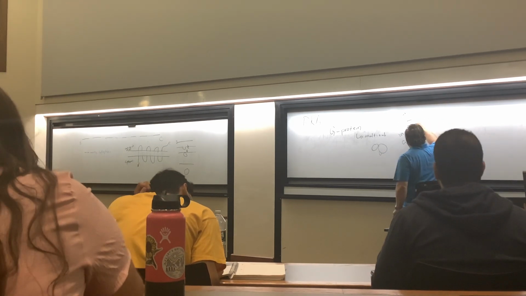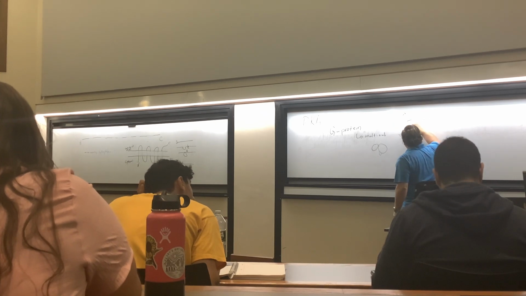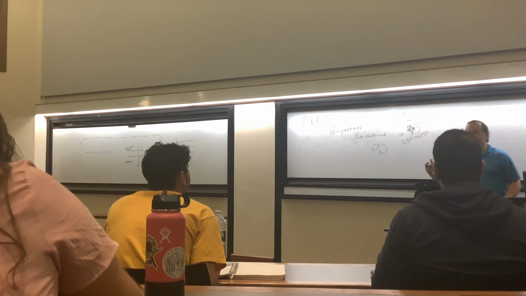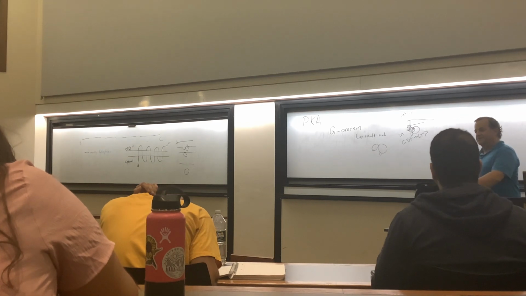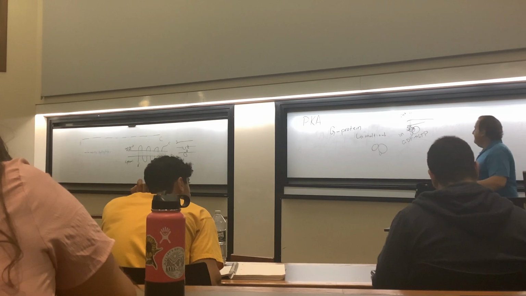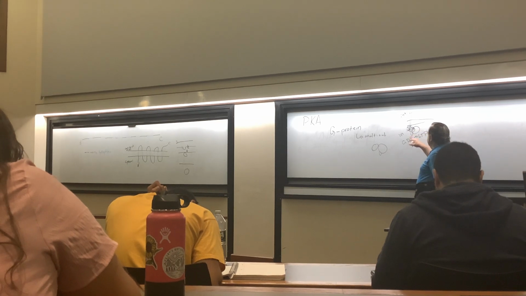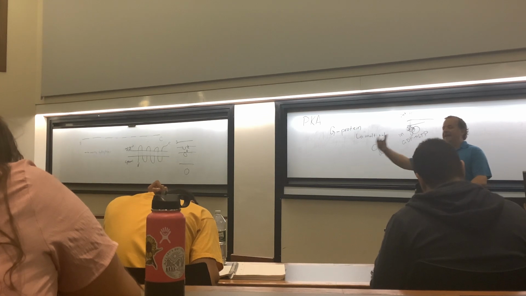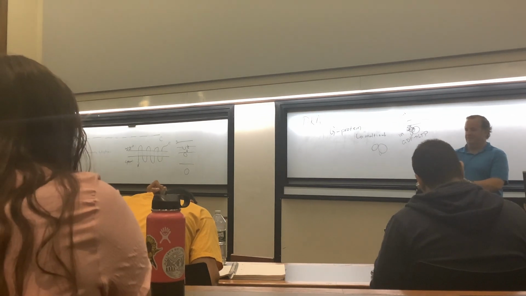In the inactive state, there is a GDP bound to one of the subunits. When the conformational change happens, that causes that subunit to release a GDP and bind a GTP.